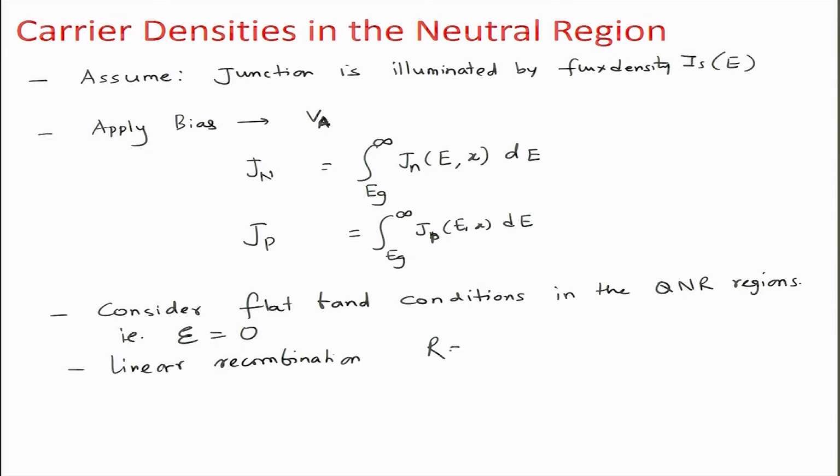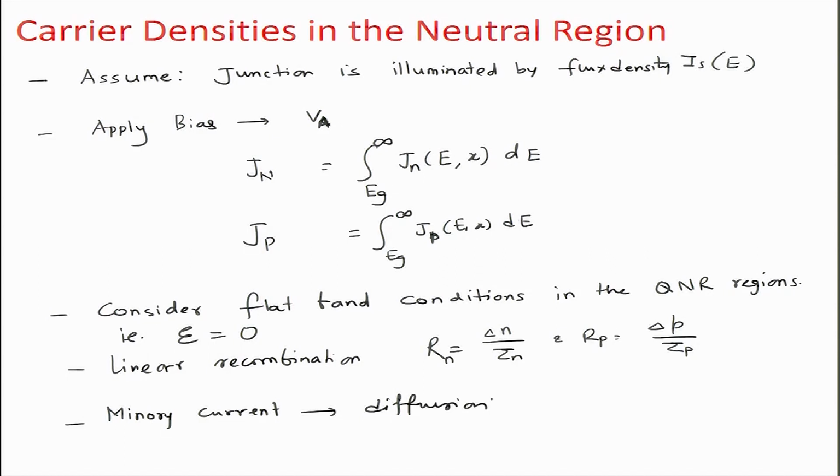That Rn is equal to delta n divided by tau n, and Rp is equal to delta p divided by tau p, right. And finally we say that the minority current is diffusion controlled, so it is essentially a diffusion controlled current for minority carriers.